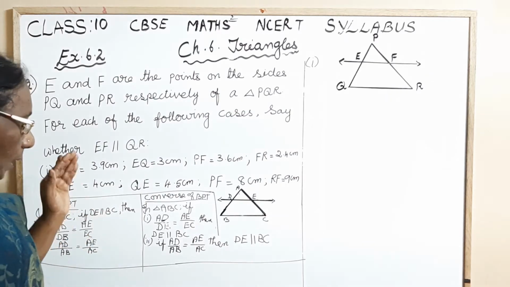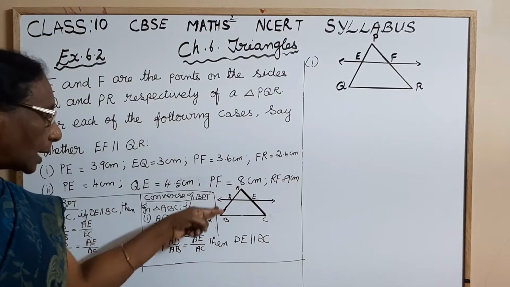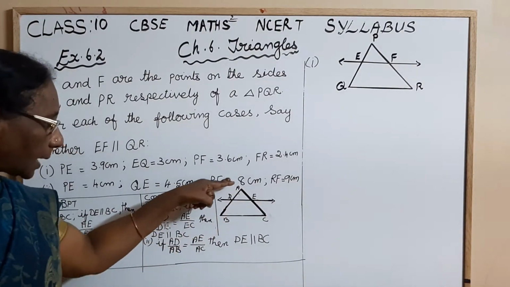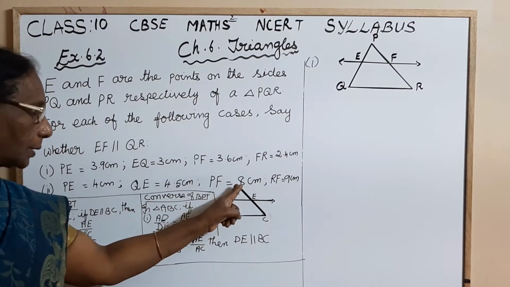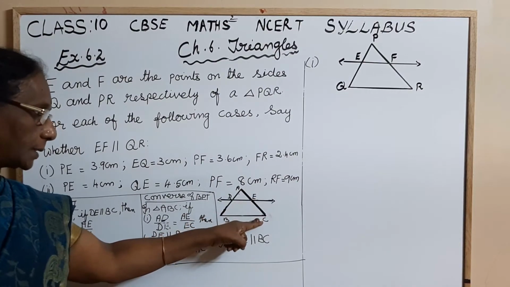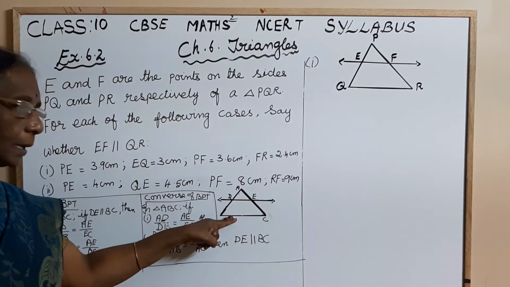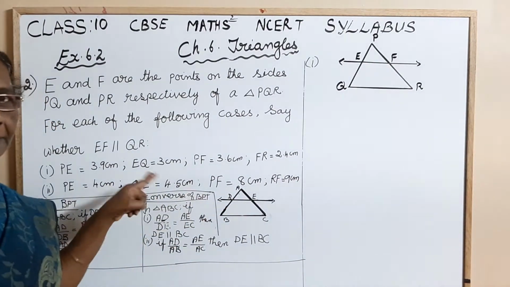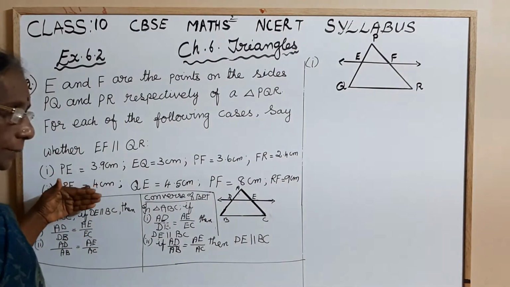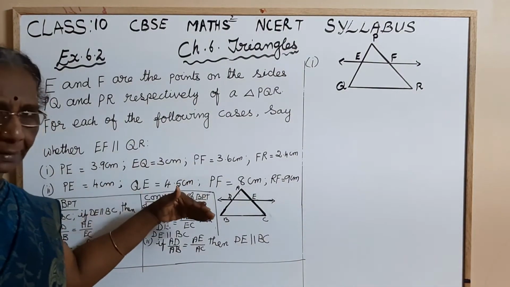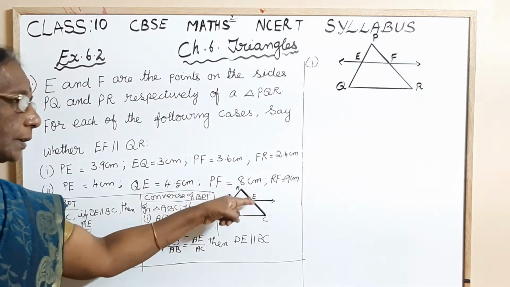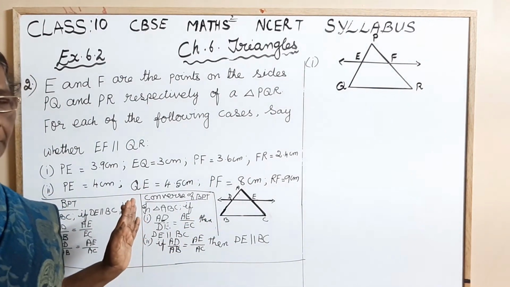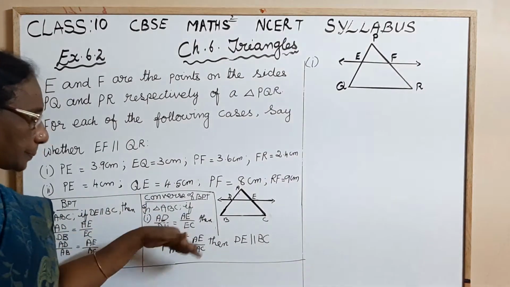And what is the converse? In triangle ABC, if the ratios AD by DB is equal to AE by EC, then DE parallel to BC. The converse, that is here parallel is given first. DE parallel to BC is given first, and then if it is parallel, the sides are divided in the same ratio. The converse is what?